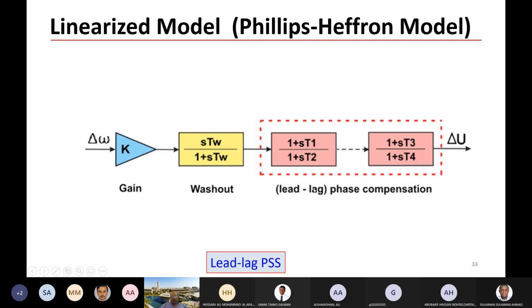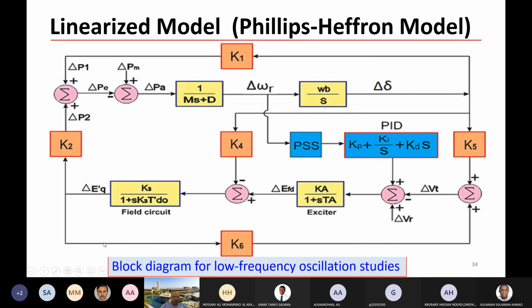It is not necessarily to have one block repeated; this stage can be repeated 2 times or 3 times, but you can also have different time constants here. This is also usually the case. This is the linearized model that we need to derive.